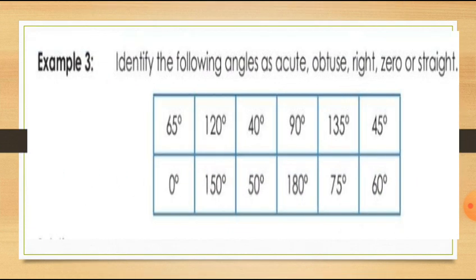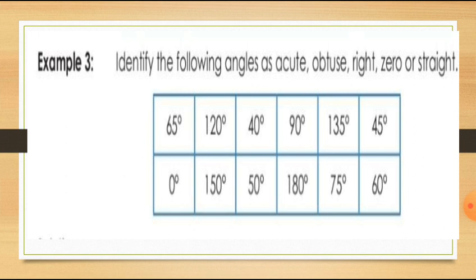So which are the angles we learn? We learn about zero angles, then acute angle, right angle, obtuse angle, then reflex angles and complete angles, isn't it? So look at this one, children. You have to identify the different types of angles that are acute, obtuse, right, zero or straight.